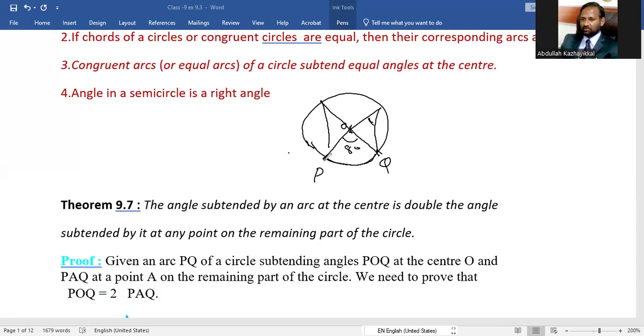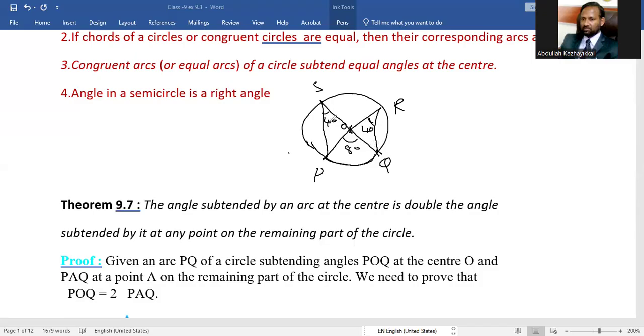Then O, what is this P? This point, from here to here. PQRS. Angle made at the center is 80, POQ. So I can say this is 40, half of 80. Sorry, this is 40 and this is 40.